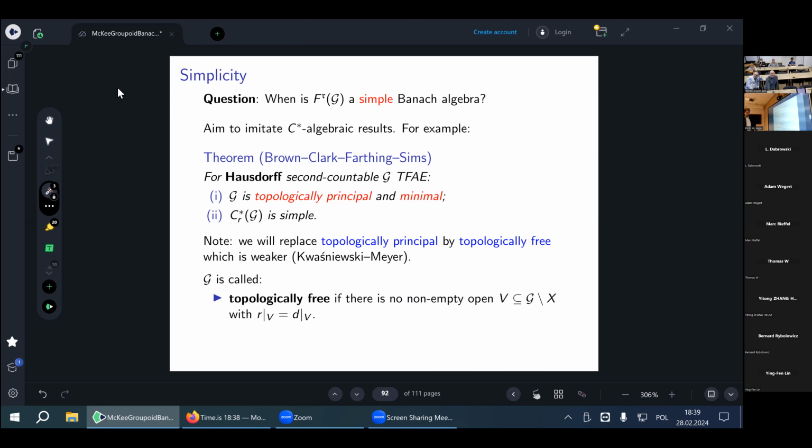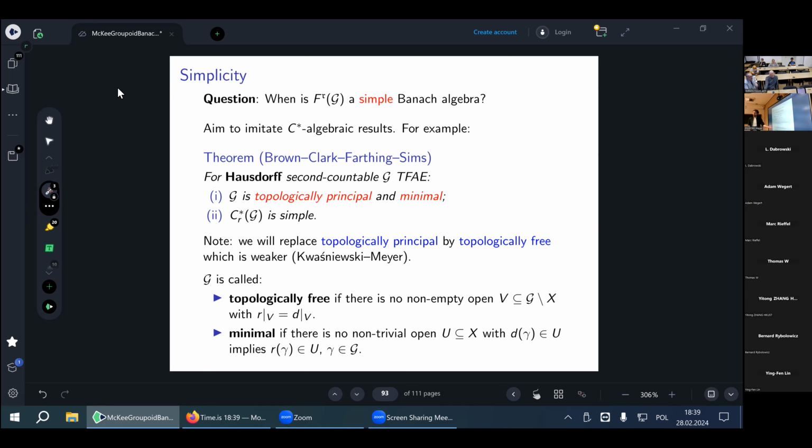And minimal if there's no non-trivial open set inside the unit space for which the domain of gamma belongs to U implies the range of gamma belongs to U. So topologically free means that there are no non-empty open sets stabilized by these parts. Instead of fixed points, you exclude open sets. Yeah, so that's very much in the spirit of topological freeness with groups.